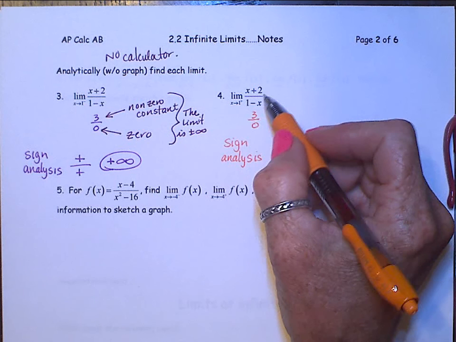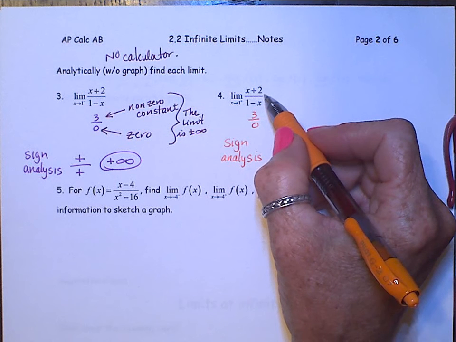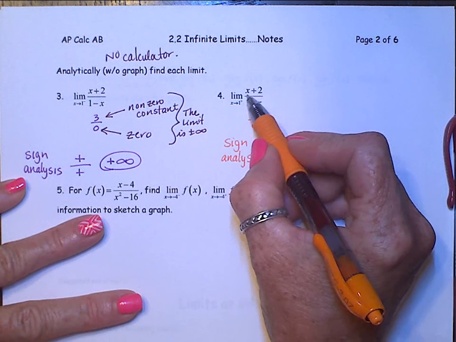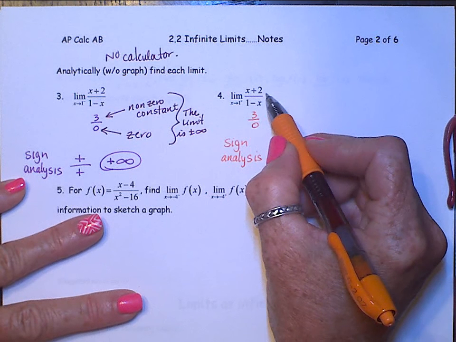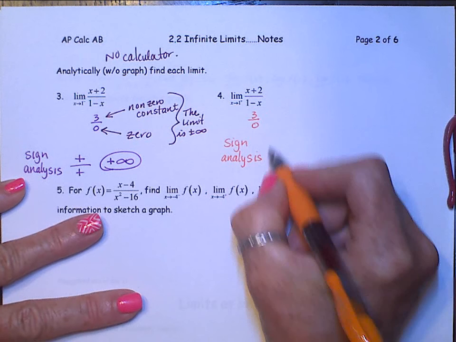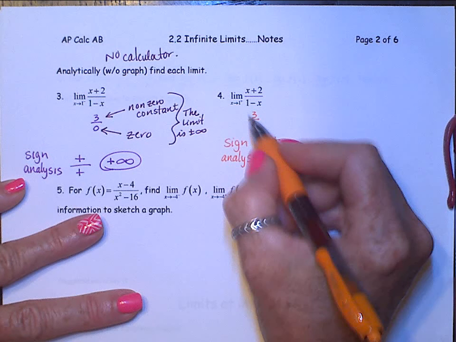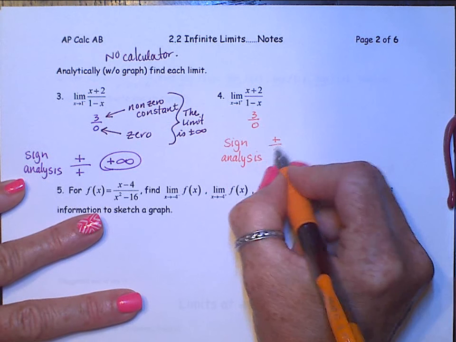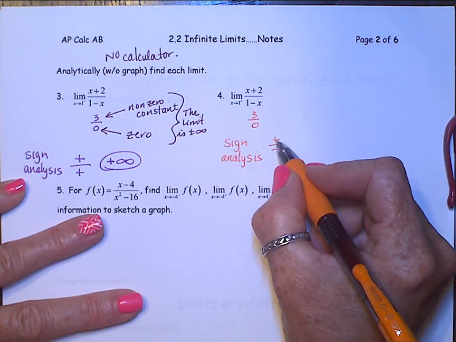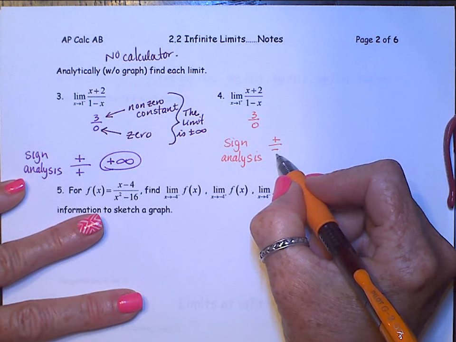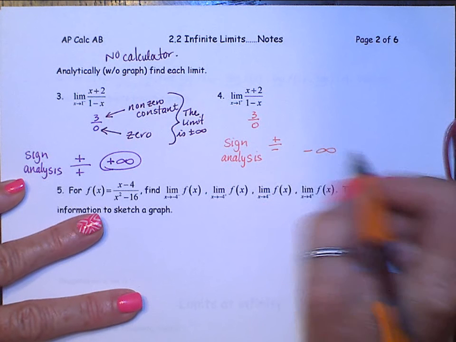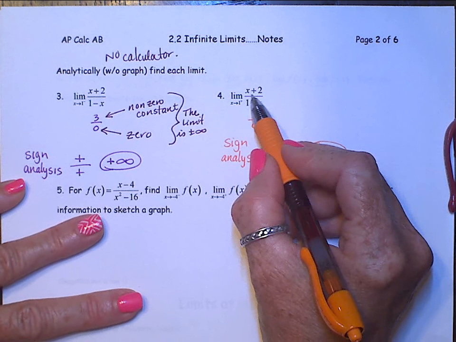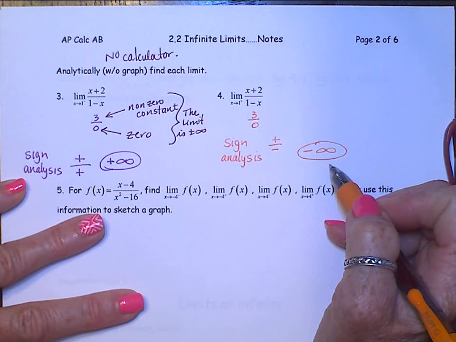And again, all you're interested in is the sign, not the numerical value. So 1.00001 plus 2, is that positive or is that negative? That's positive. 1 minus 1.00001, that's negative. Positive divided by negative is negative infinity. So this limit as x approaches 1 from the right of x plus 2 over 1 minus x is negative infinity.